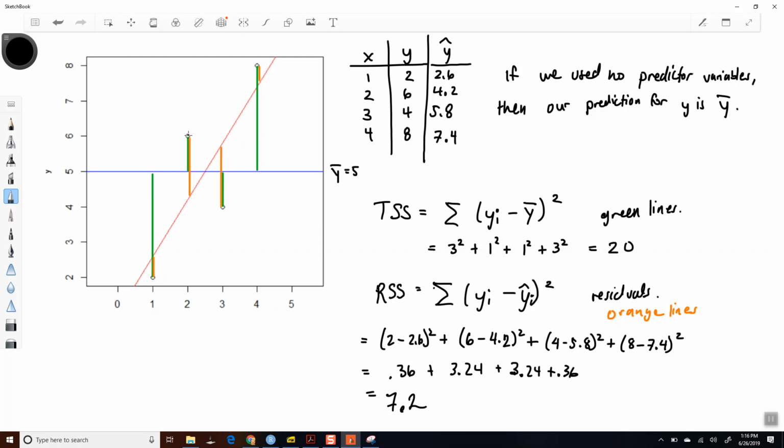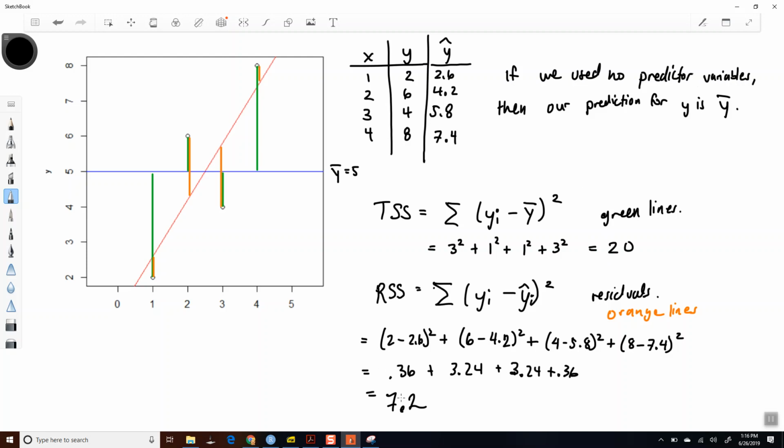Over here for this data point, it's actually not really an improvement, because using the mean, I'm predicting 5 and the actual value is 6, and when I use the line, I'm predicting 4.2, which is actually a worse estimate than before, okay? So individual data points, maybe using the line doesn't improve things, but overall, do we get an improvement? Yes, we went from 20 sum of squares total down to 7.2, okay?